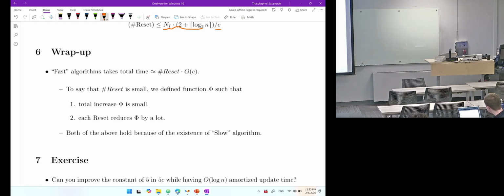It's bounded by n log n, insertion times log n, but each reset will reduce the potential. Because of this, there cannot be that many resets. And we don't actually run the slow algorithm. We just use it in our mind.